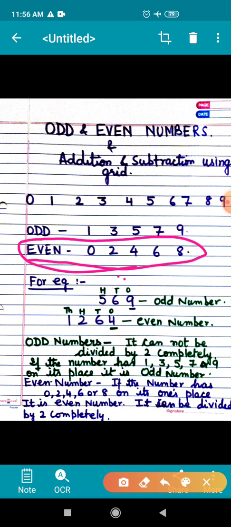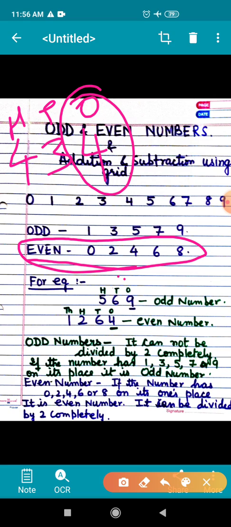And children, even numbers can be divided by 2 completely. Okay, I am taking one example, 434. Just see the ones place, which number is 4, and this 4 is an even digit, so this whole number will be considered an even number.